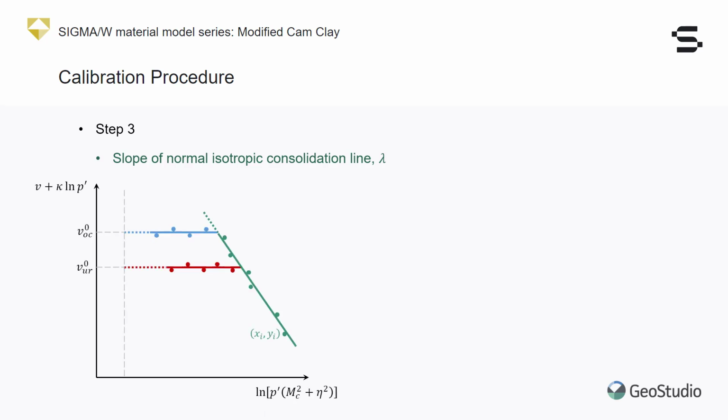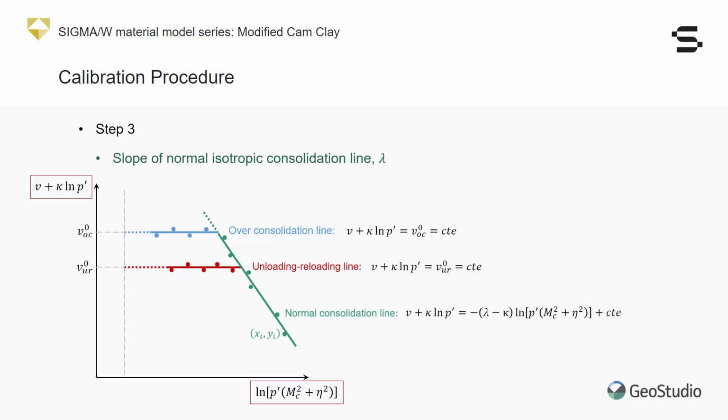Based on the modified Cam-Clay framework, it can be proved that there is an alternative space in which the sample response is linear even under normal consolidation. The x and y axes in this space are functions of the measured parameters and constants estimated in the previous steps. The overconsolidation and unloading-reloading branches are both horizontal in this new space, and the normal consolidation branch is a straight descending line.